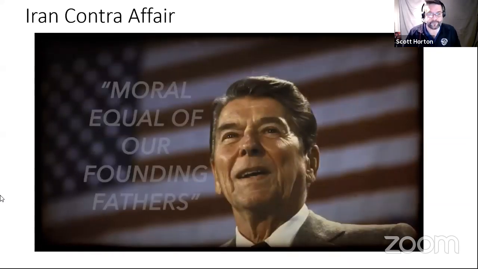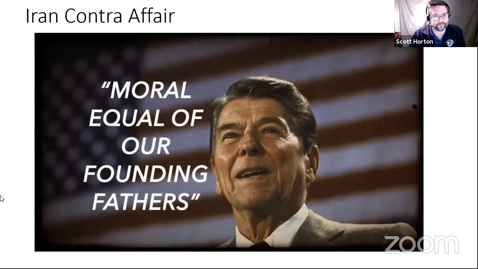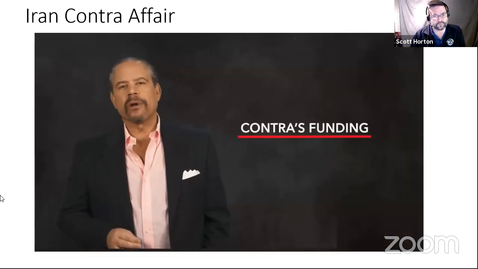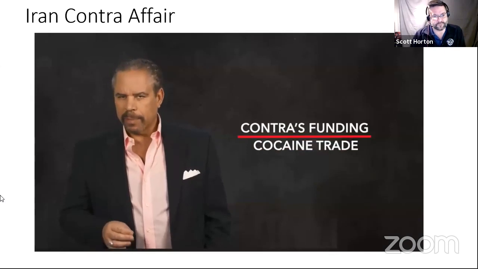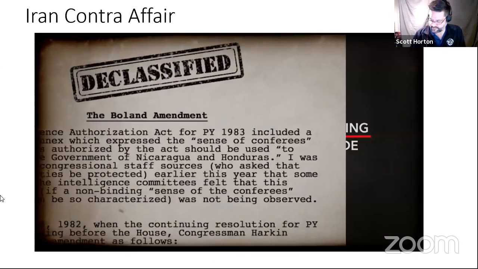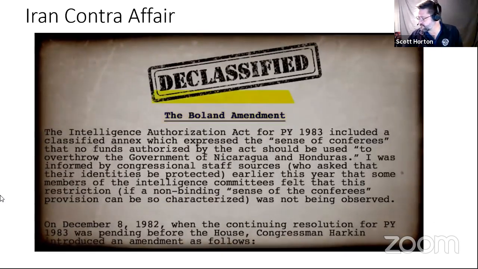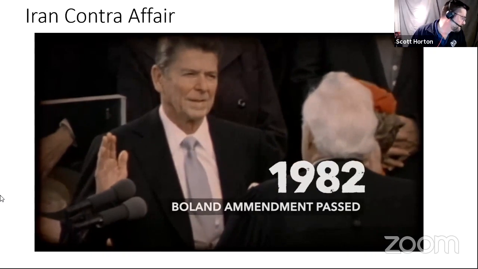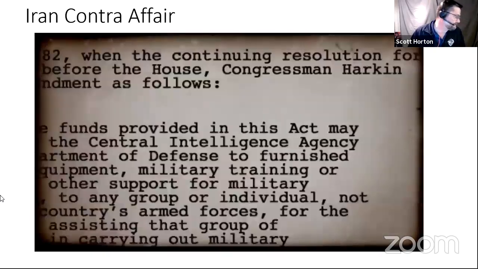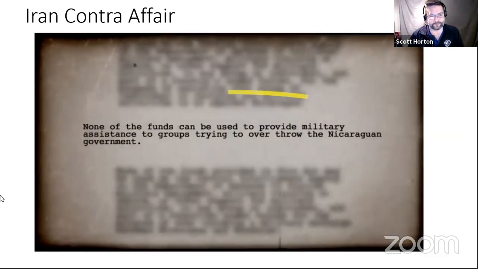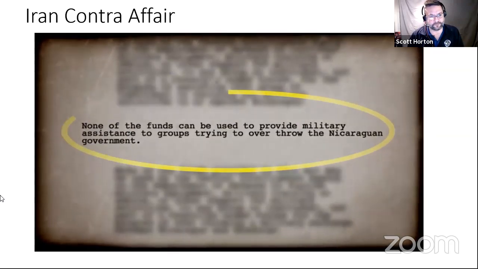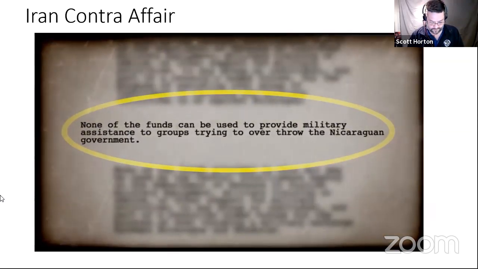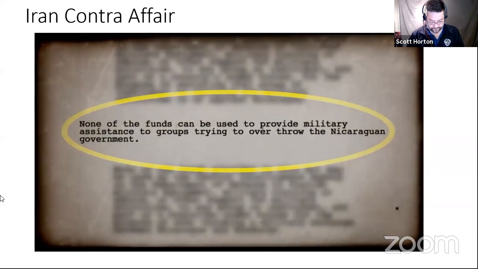Reagan called the Contras the moral equivalent of our founding fathers. But much of the Contras funding came from the cocaine trade. Because of this, Congress passed the Boland Amendment, specifically aimed at keeping American money from funding the group. That happened in 1982, shortly after Reagan took office. The amendment restricted the CIA and Department of Defense from using funds to provide military assistance to groups that were trying to overthrow Nicaragua's government. Groups like the Contras.